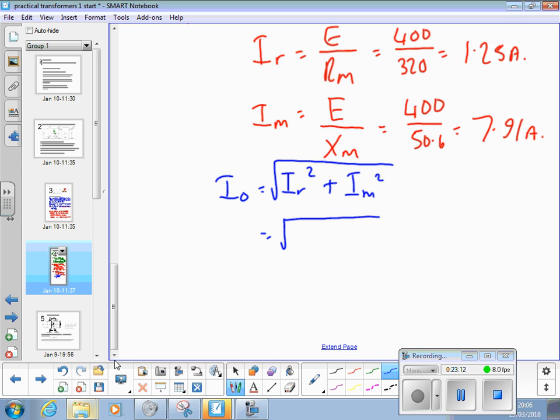So it's the square root of 1.25 squared plus 7.91 squared. We should get about 8 amps then.